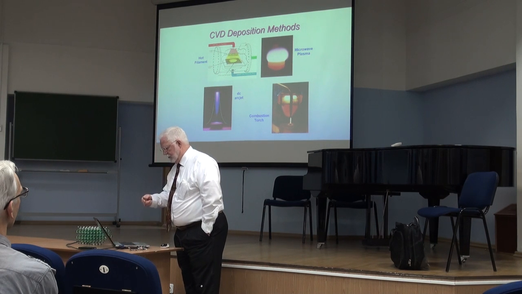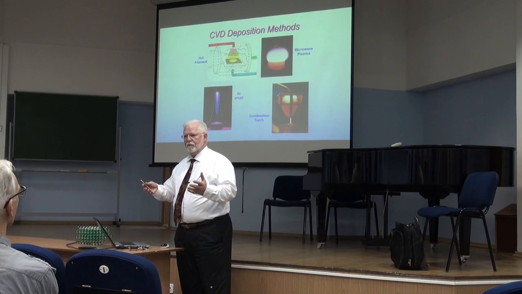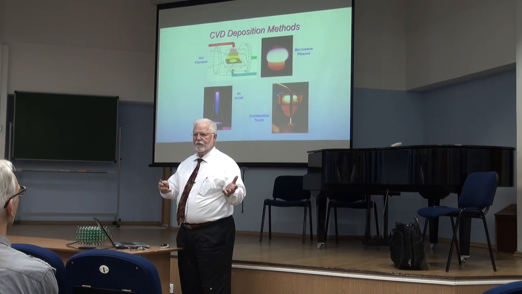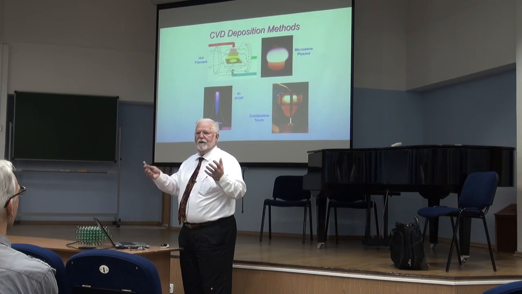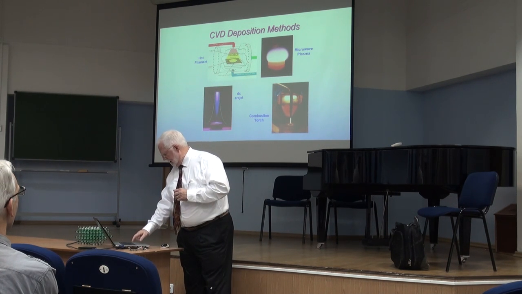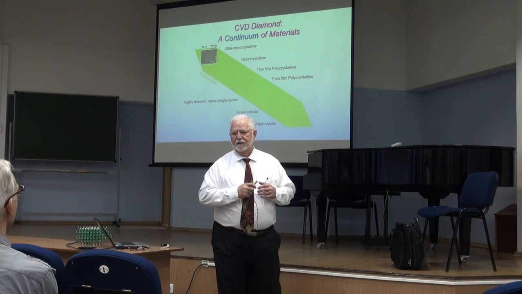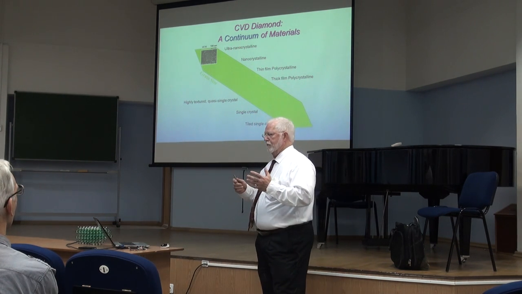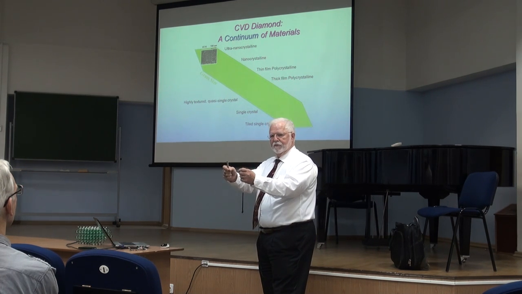Now, in the chemical vapor deposition process, this is something we have control over. We can control the gas flow, we can control the plasma power, we can control the atomic hydrogen, so many things we can control. And that allows us actually to control the material quality. And so one way we can control the material is how many little diamond seeds we put on there and what size they are.